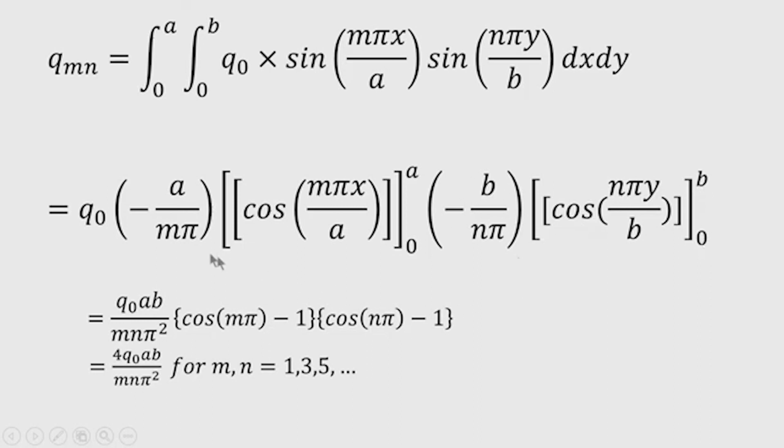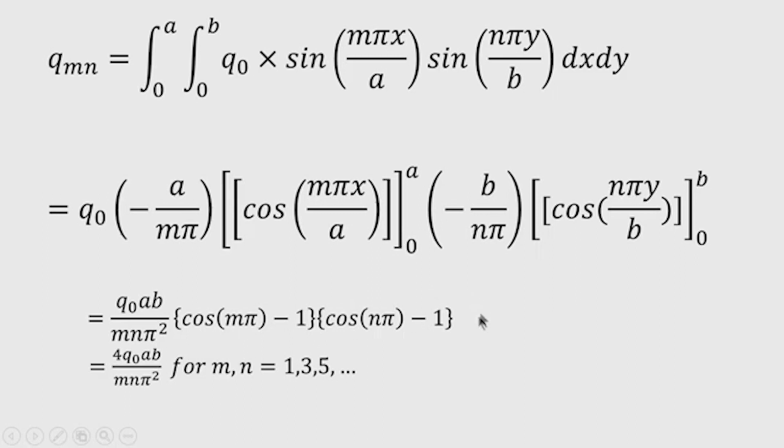Okay. So, when we evaluate this quantity now, we get Q naught A B by m n pi square, this m n are coming here, pi square is coming, and A B is there, and minus minus again plus sign will be there. Okay. And due to substitution of this upper limit and lower limit, you will now get cos m pi minus 1 and cos n pi minus 1.